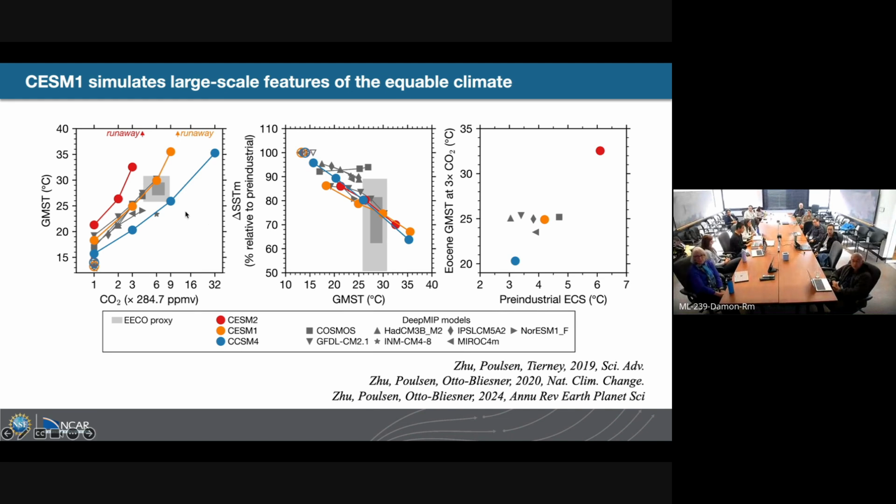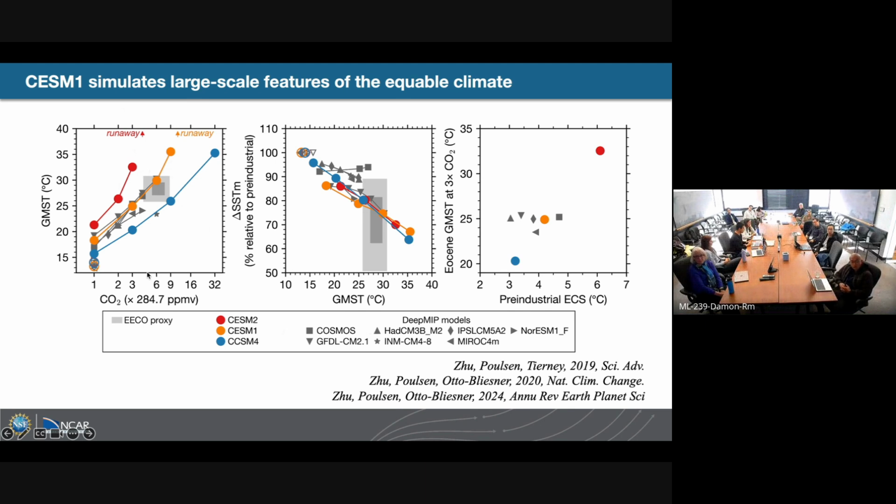So here I first want to summarize available simulations on this topic from the CESM family models, CESM2, CESM1, and CESM4, as well as from the DeepMIP models. So those are not CESM models. Basically, you can see that overall, CESM1 is the model that best matches the early Eocene records in terms of CO2, which we haven't talked about much.